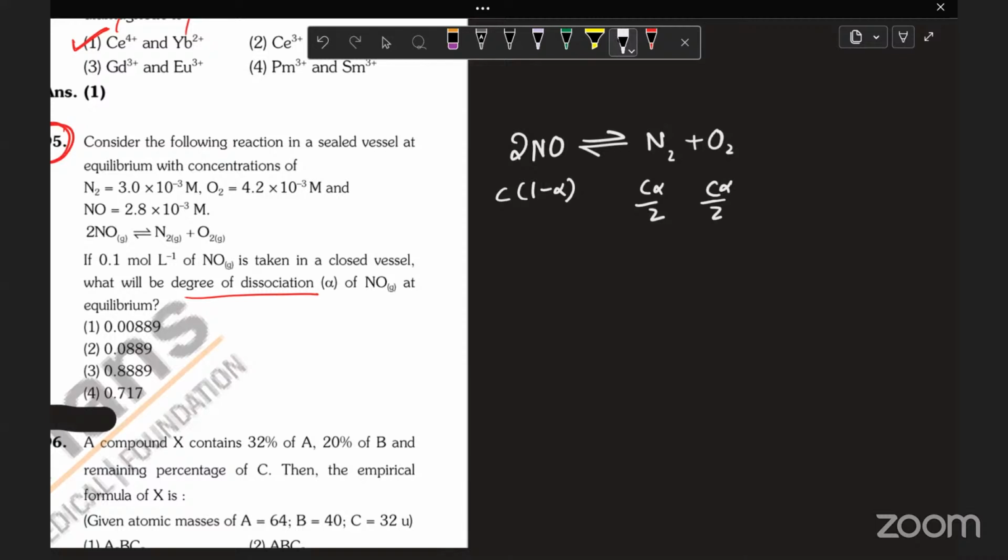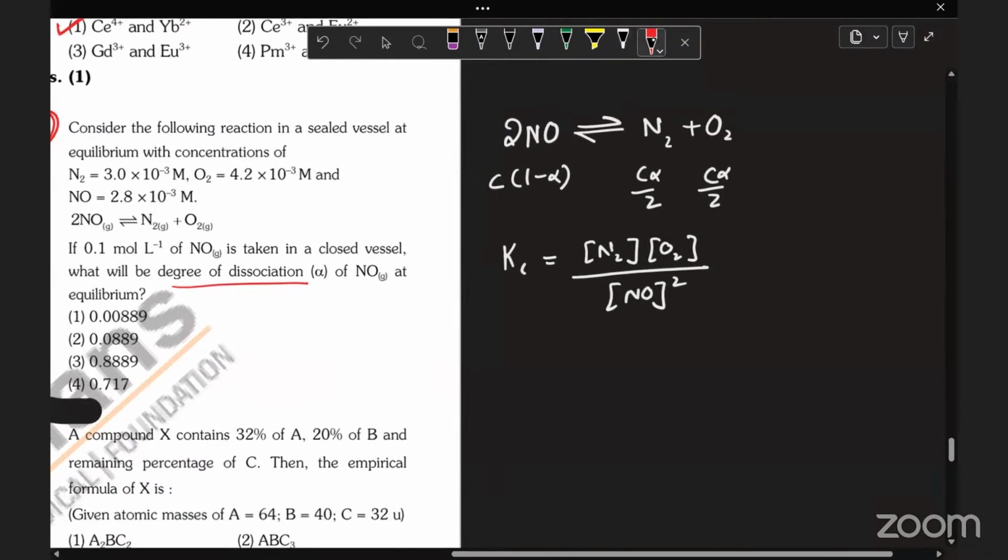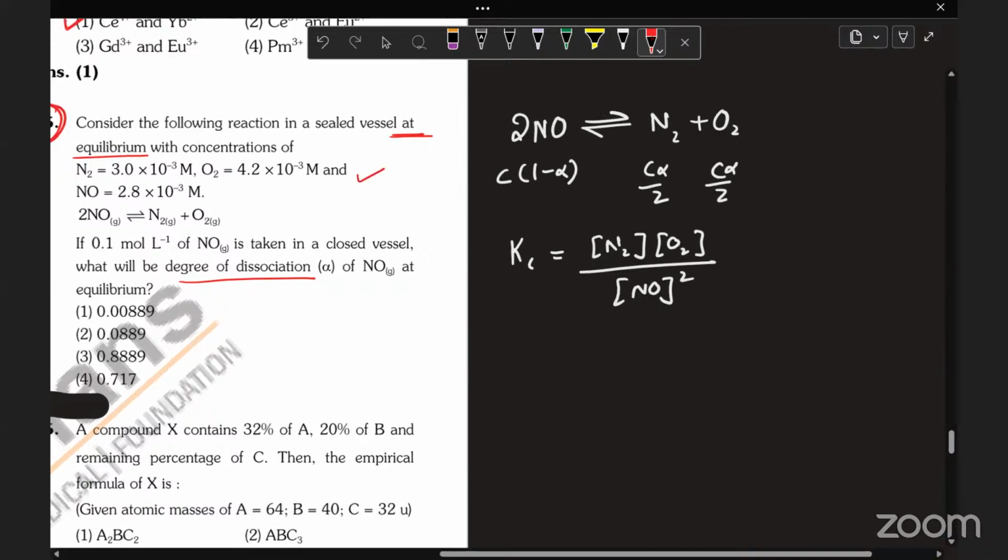If I write the Kc value, that will be concentration of N2 into concentration of O2 upon concentration of NO whole square. Right? That's how it is. The concentrations that are given to me are at equilibrium. So I'll use these concentrations and equate this to the Kc value.